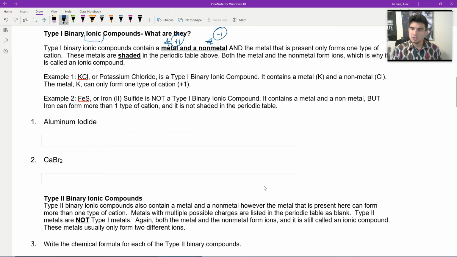You will have really two types of problems that will involve type 1 binary ionic compounds, and that is going from their name to their formula or from their formula to their name. In order to go from their name to their formula, you're going to need to understand their charges to figure out how many of each element there are.